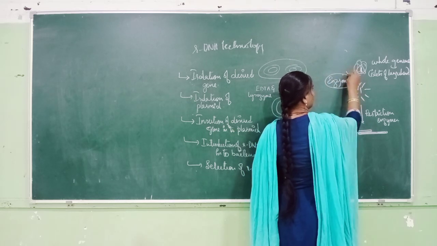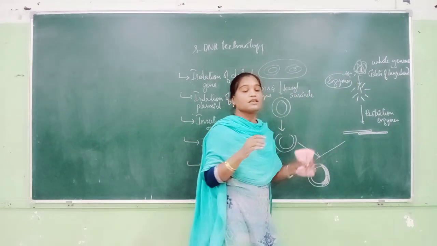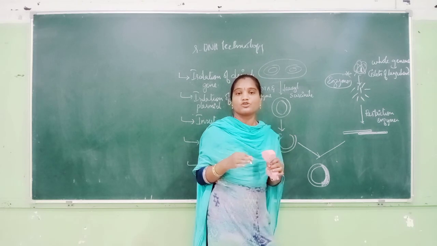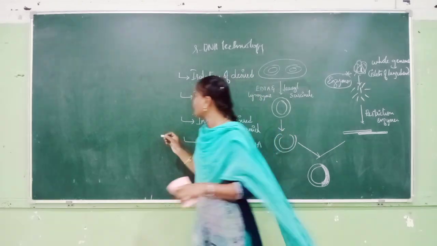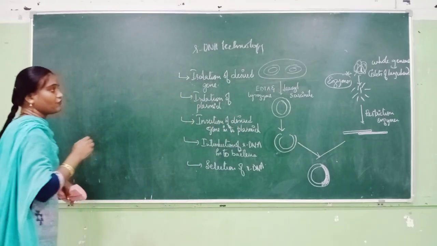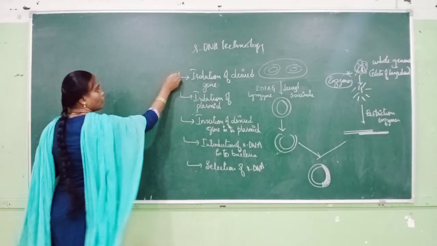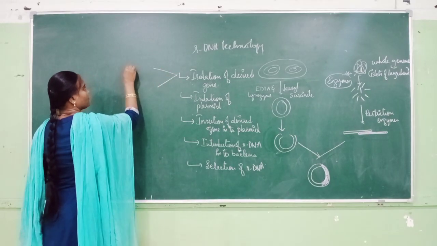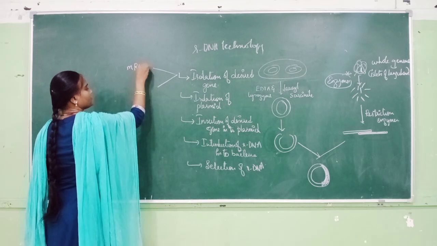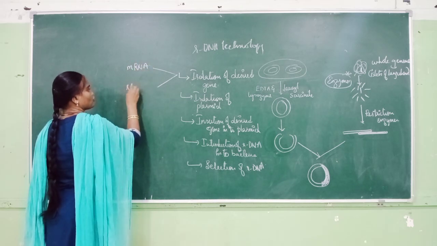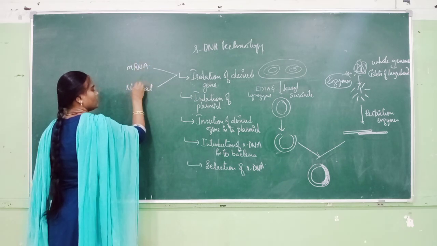So before treating with enzymes, your whole genome should be isolated. So there are different steps for the isolation of your desired gene. Two steps: from mRNA and from natural source, isn't it?